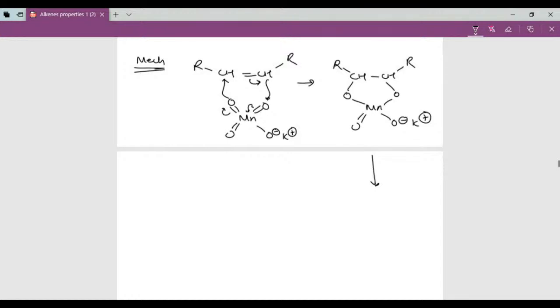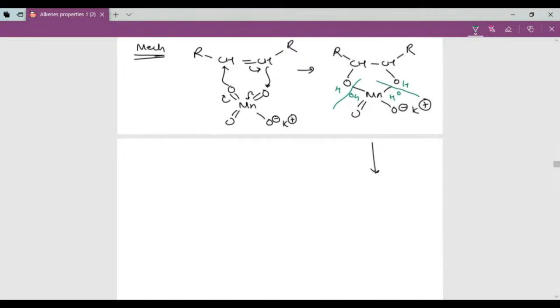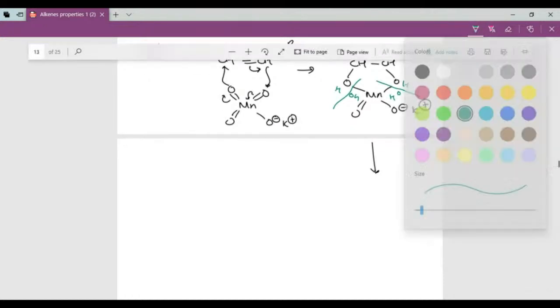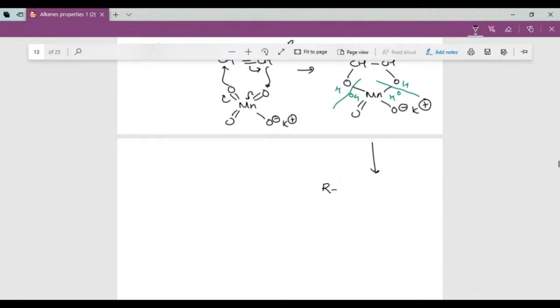Correct? Now this ester of manganese is hydrolyzed. So as we have discussed before, with HOH, this is how it will be hydrolyzed. And again, R, CH, OH, CH, OH, R. Our manganese is H2MnO4.